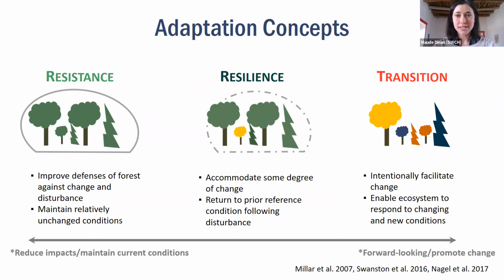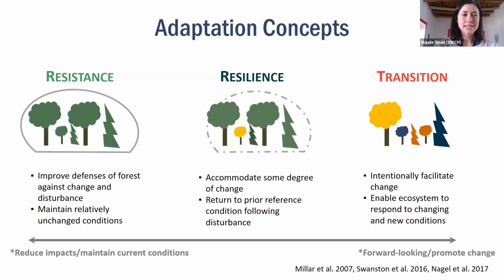Whereas transition, you're intentionally facilitating change, transforming the current system into a different ecosystem with different characteristics. Transition is good for those highly vulnerable ecosystems, which might experience a range of future climates.